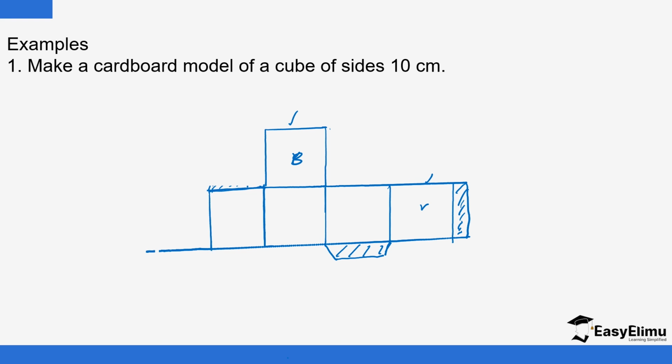So we'll have the tape maybe here. So this is the first side, the second side, the third side, and the fourth side. So there are 4 sides, and each one of them must have a tape at the end.